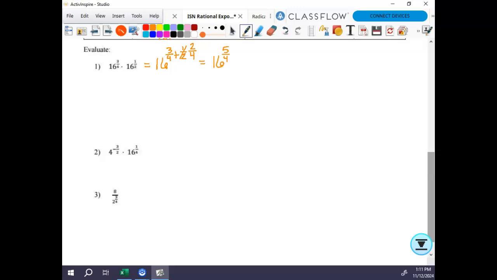I know that the square root of 16 is 4, and then the square root of 4 is 2, which means that 16 is actually 2 to the 4th power. So 2 to the 4th power to the 5/4 power. Then since I'm taking a power to a power, I'm not adding those, I'm multiplying them. What's 4 times 5/4? 5. So that's 2 to the 5th, which is 32.